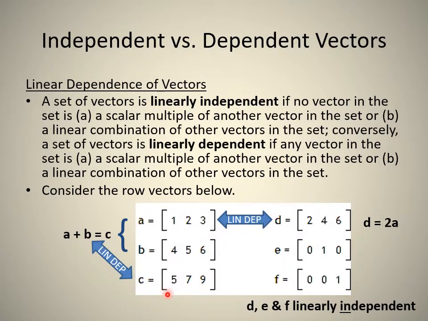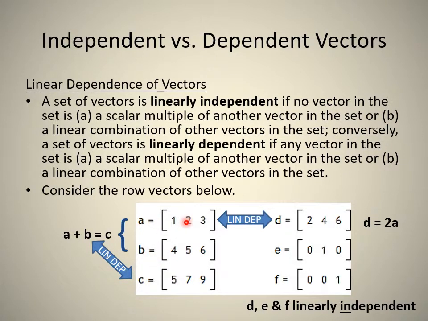So here we have a row vector C, but if you watch carefully, you will see that basically C is dependent on A and B. 1 plus 4 gives you 5, 2 plus 5 gives you 7, and 3 plus 6 gives you 9. So there's a linear dependency. C is linearly dependent on B and A.